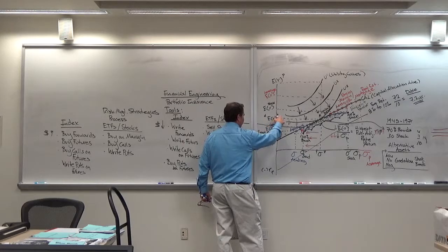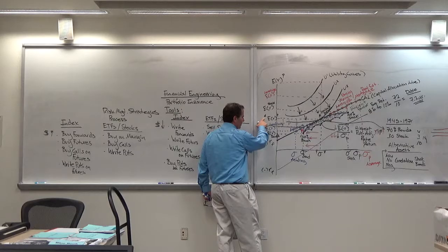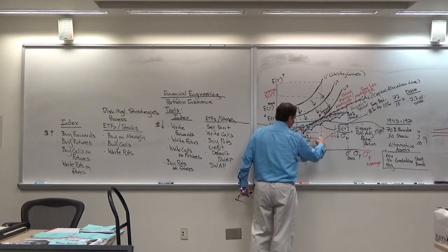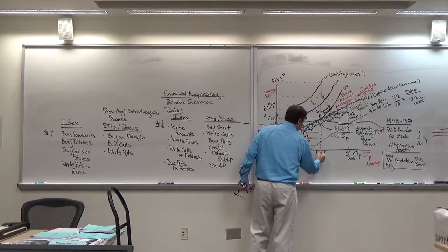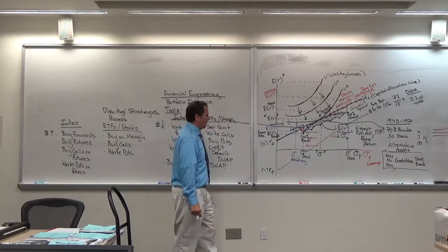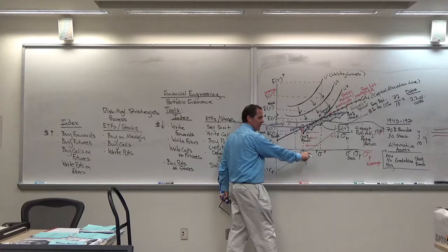Expected return on the portfolio and put a star. Right here. And then do the lines that go down here. Put the standard deviation on the portfolio, star. So this is your return to risk. Okay? This is your return to risk.